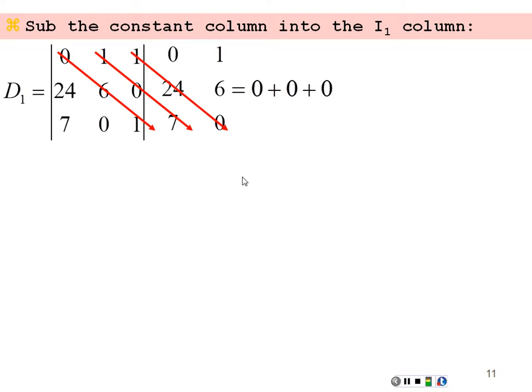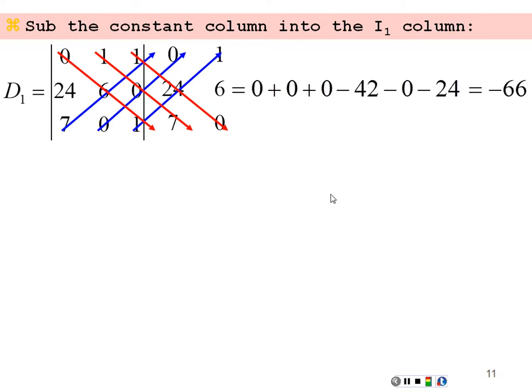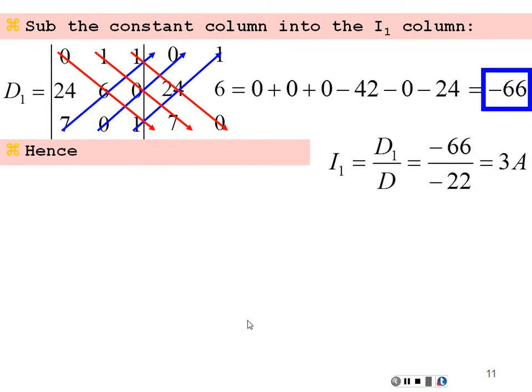Minus my other three diagonals, which will be minus 42, minus 0, minus 24, which will give me negative 66. Hence, my I1 is equal to this determinant divided by my denominator determinant. I1 is equal to negative 66 divided by negative 22. That's 3.